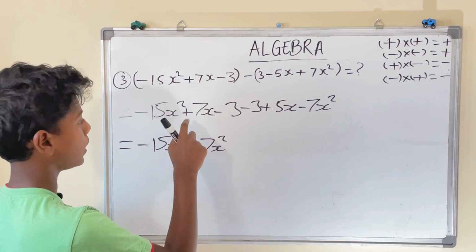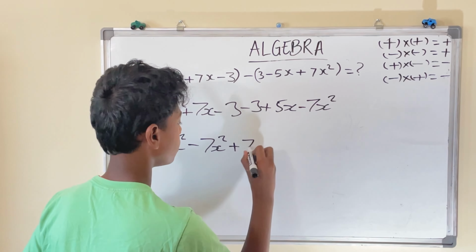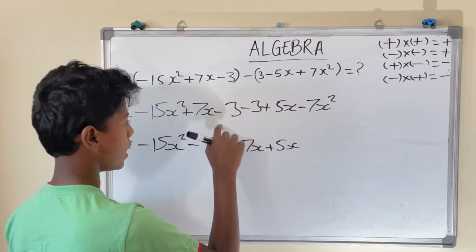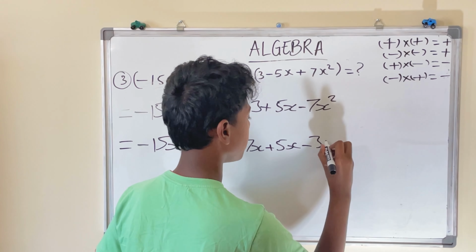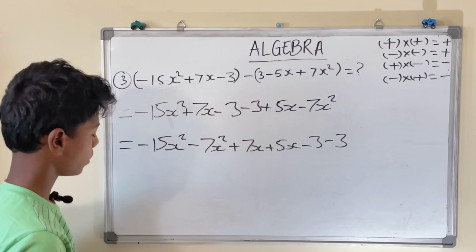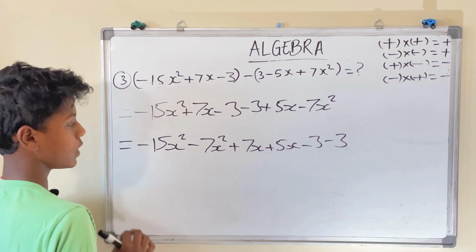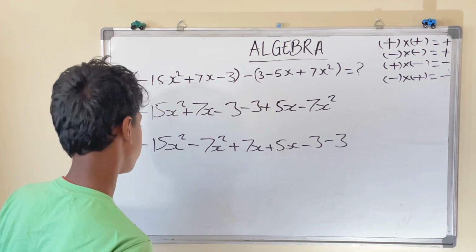And then we have plus 7x, and then plus 5x. Minus 3, and then minus 3 again. So now we can just solve it. We do our squares first, then our x's, and then our regular numbers.